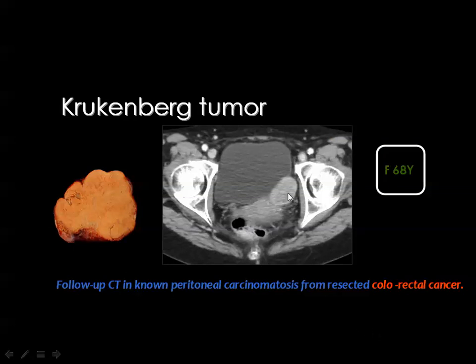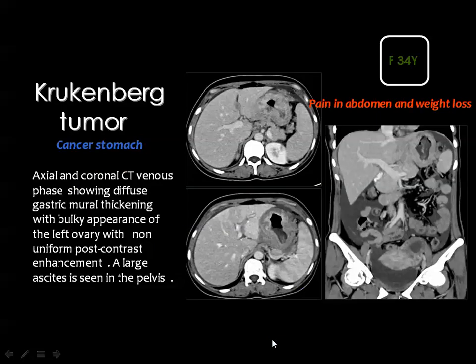A solid lesion, unilateral or bilateral, in a patient known to have a primary malignancy is suggestive of a Krukenberg tumor. And in the study, you can see the tumor itself. And here you see a diffuse, significant gastric mural thickening and an ovarian lesion which should represent a Krukenberg tumor.